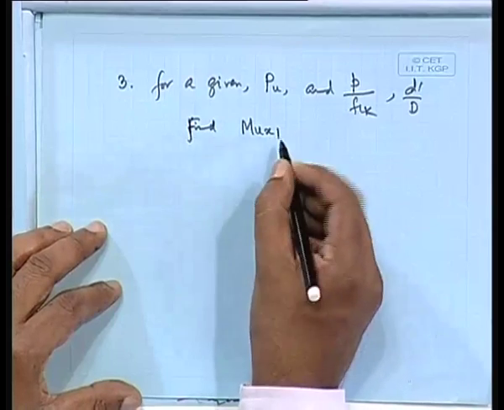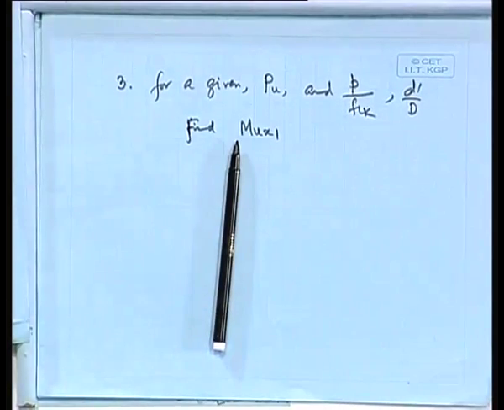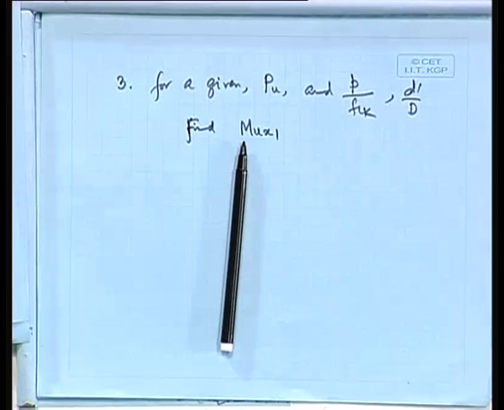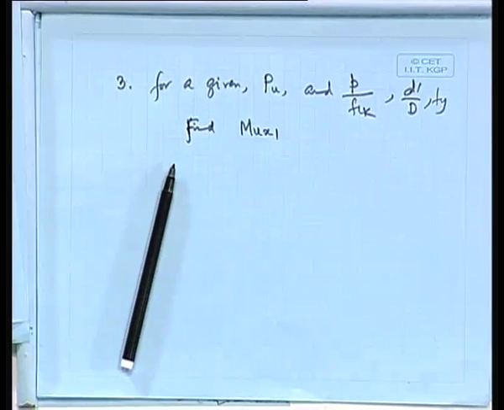What does it mean? It means that Pu is given. I have already chosen P by fck and I also know d dash by D. Also I know fy, the steel grade. So, since I know Pu, P by fck, d dash by D and fy, I can go to the proper chart of SP16.